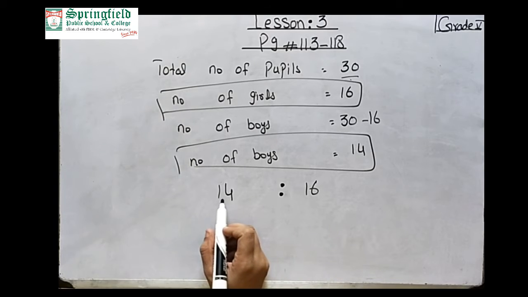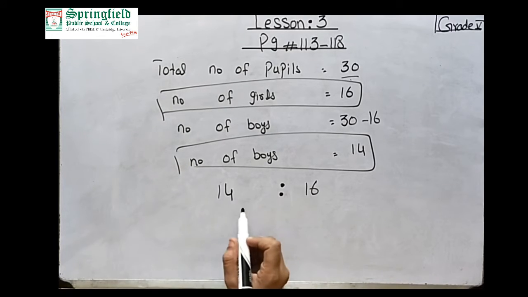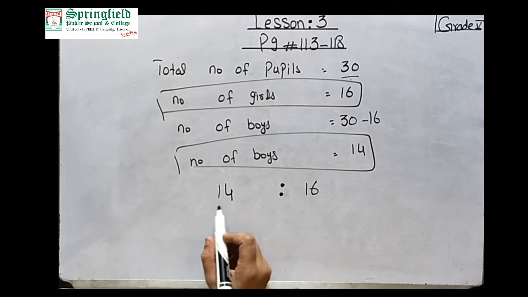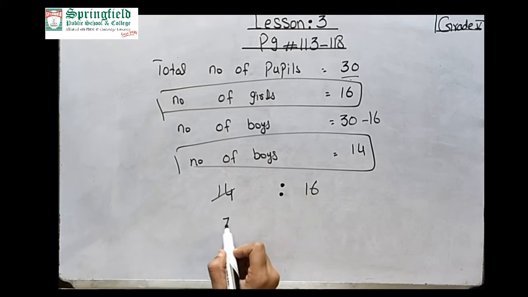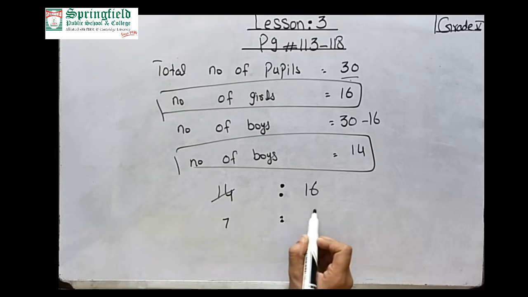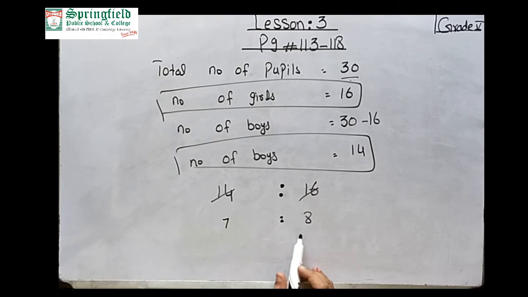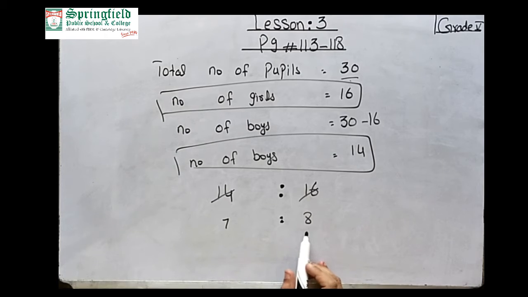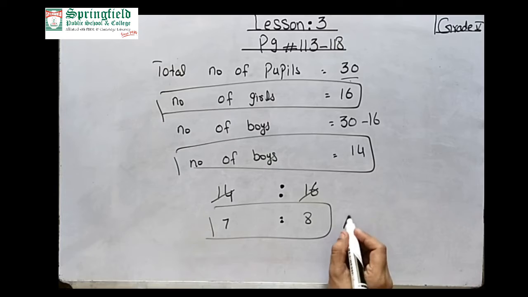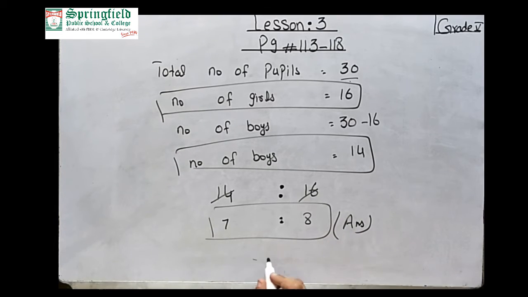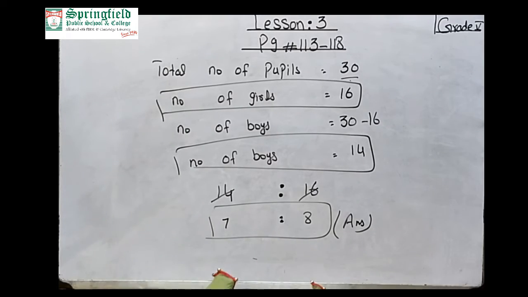Both numbers come in the table of 2, so we can simplify. 7 twos are 14 and 8 twos are 16, and 7 and 8 cannot be divided further by the same table. It means 7 is the ratio of boys and 8 is the ratio of girls, and this is your final answer. Understood, beta?